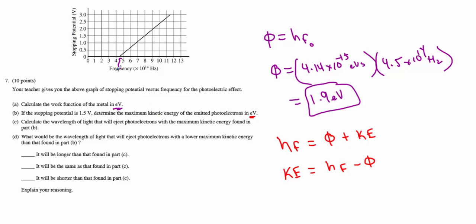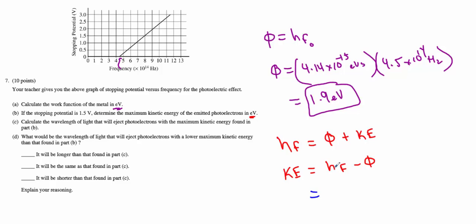It's the hf part that we have to recognize now. We know that when we have a 1.5 volt stopping potential, we're going to get 8 by 10 to the 14 hertz. Not the photoelectric emission, I'm sorry, that's the frequency of light required to get that stopping potential.